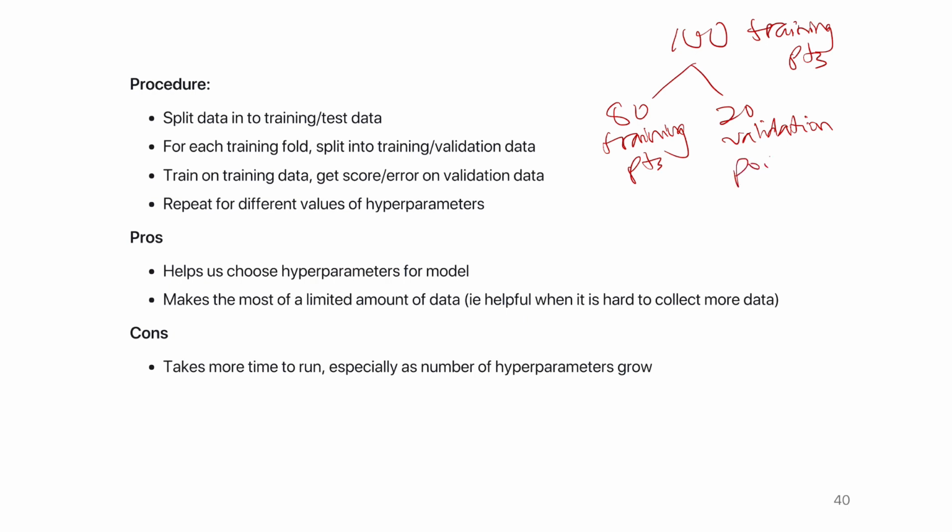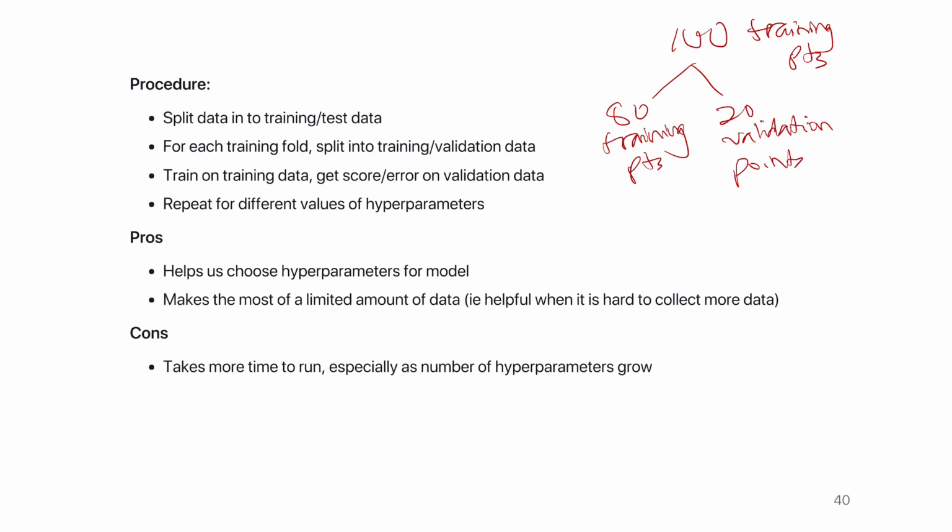Okay, and if I do 5-fold cross-validation, I'm doing that split 5 times. So I might split it into like the first 80 are the training points, the last 20 are validation points. And then my next fold might be like indices 20 to 100 are my training points, and then indices 0 through 20 are my validation points, and so on.